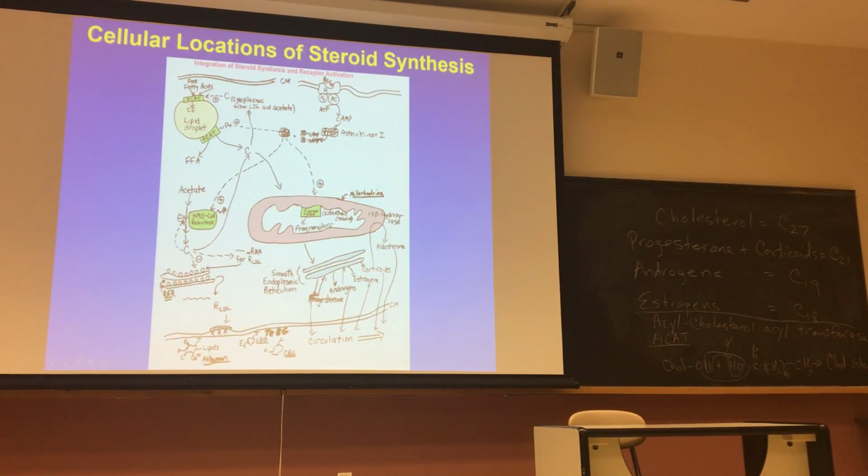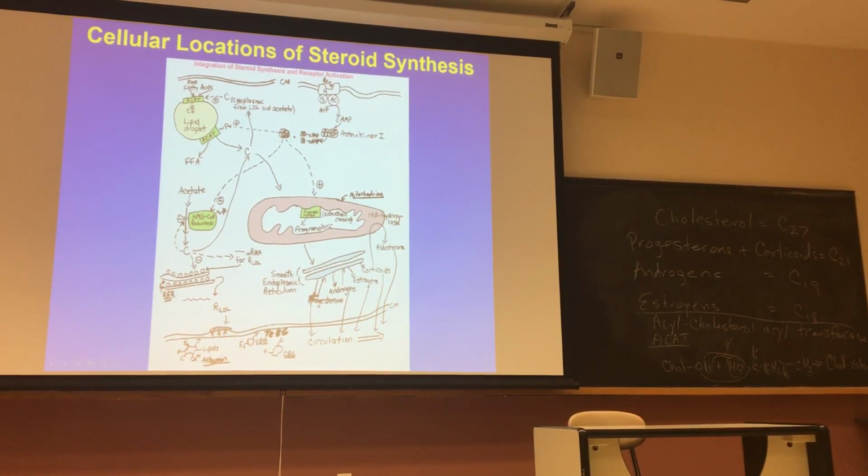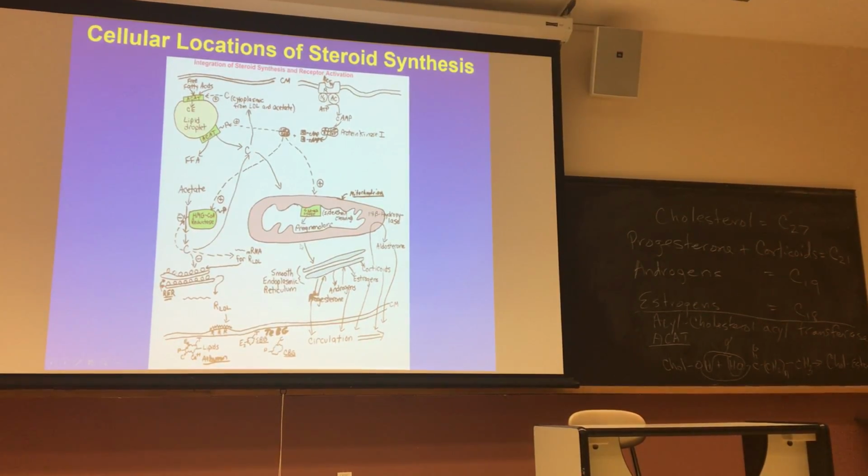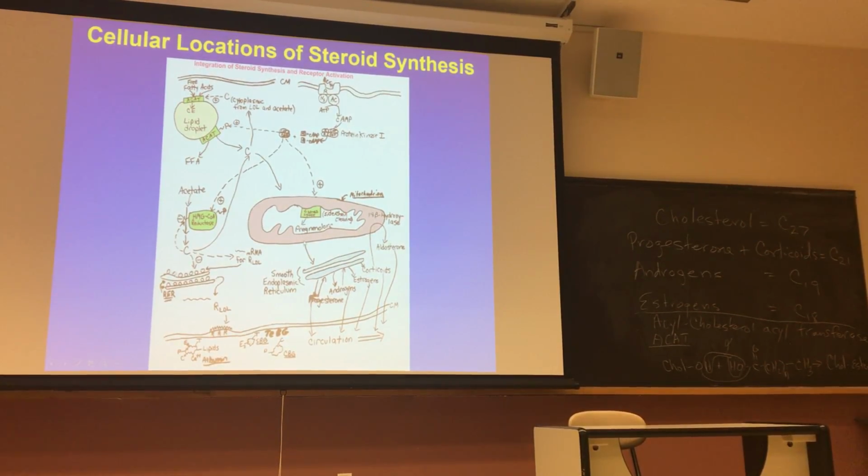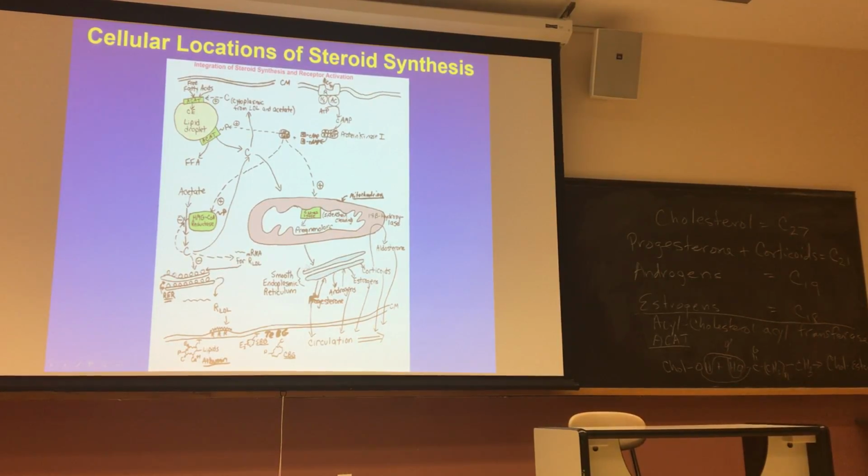Pregnenolone diffuses passively out of the mitochondria, and it encounters the other enzymes of steroid metabolism, primarily in the smooth endoplasmic reticulum. That's where you get progesterone being made, the androgens being made, the estrogens being made, most of the glucocorticoids being made.